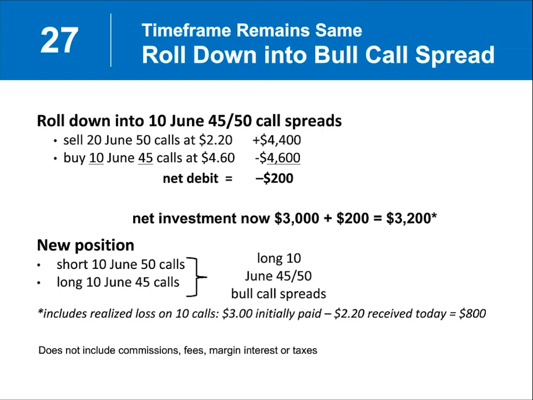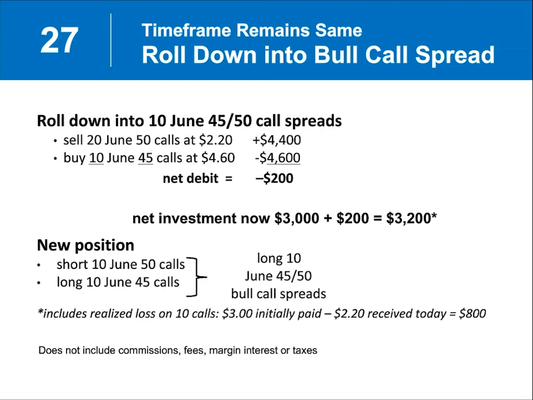Now, what we really are doing here is selling those 10 off, and then subsequent to that, buying a bull call spread, buying 10 June 45s and selling 10 June 50s. Put those two things together, and we're effectively selling 20 June 50 calls, 10 of them to close and 10 of them to open, and buying 10 June 45 calls.